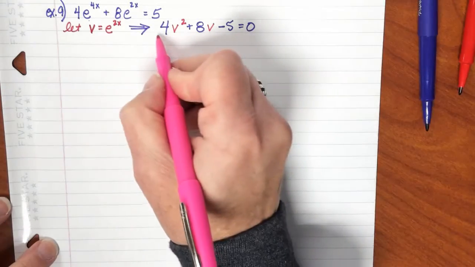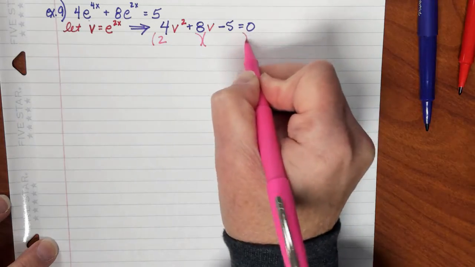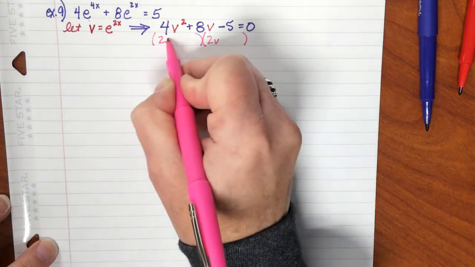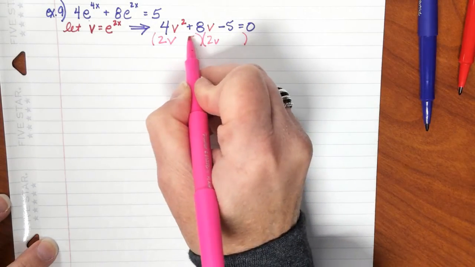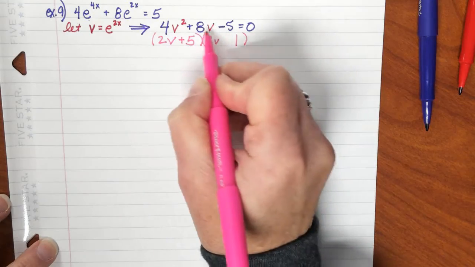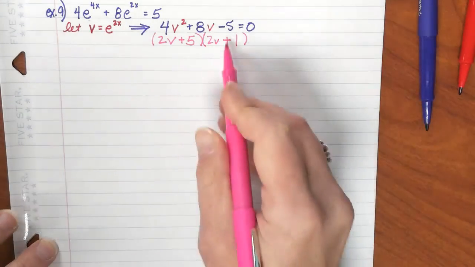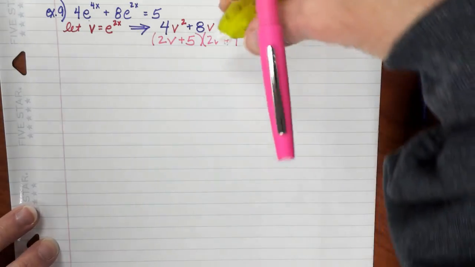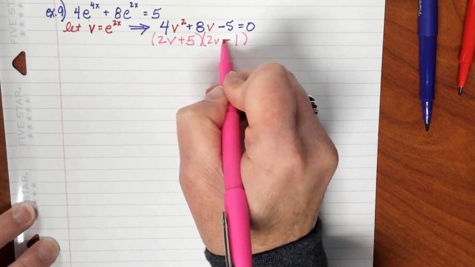I can factor that. I would have, let's go with 2v, and factors of 5 are just 5 and 1. Let's see, I need an 8, so I need, no, I need that one to be negative. I need 10 minus 2. So we're going to do 10 minus 2.